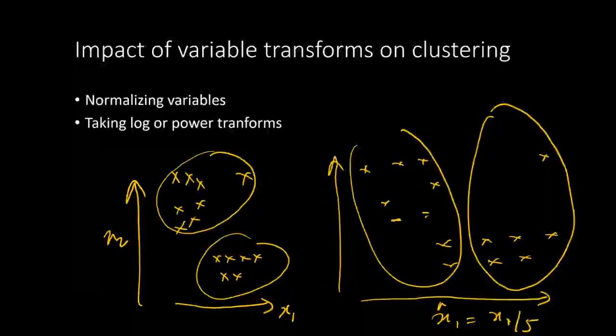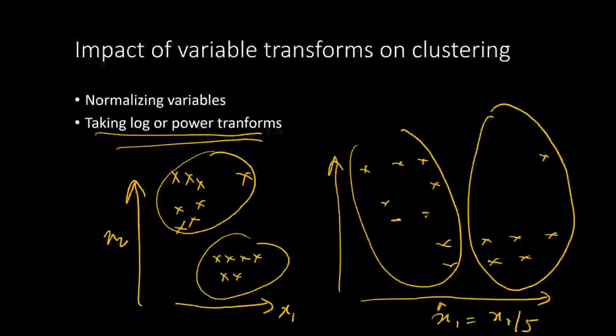So the scale of the variables is very important. A good practice is to normalize each dimension separately so that it has unit variance, for example. The other possibility is that you also want to look at whether the scale of one variable should be converted to a log transform or to a power transform.